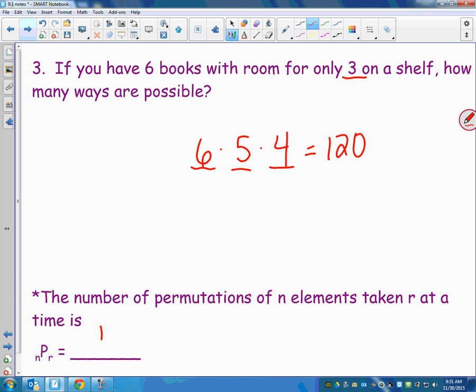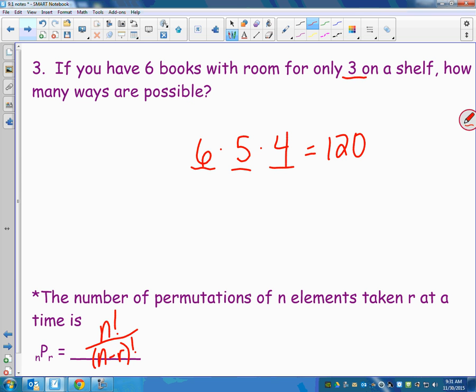The formula is you take n factorial. If you're choosing all of them, like in the lining up, you have 5 people and you're choosing all 5, it's just 5 factorial. But if you have 6 books and you're only choosing 3, then you take n factorial over n minus r factorial.